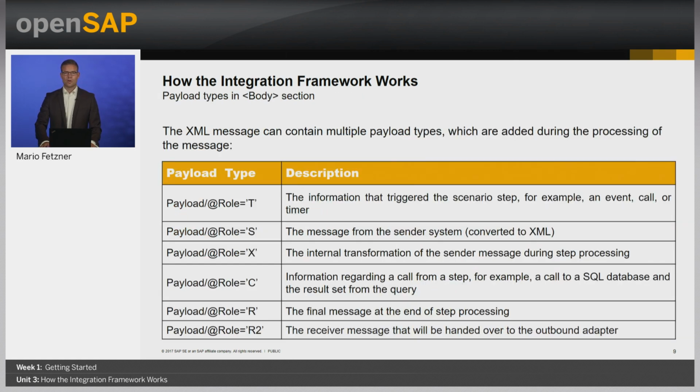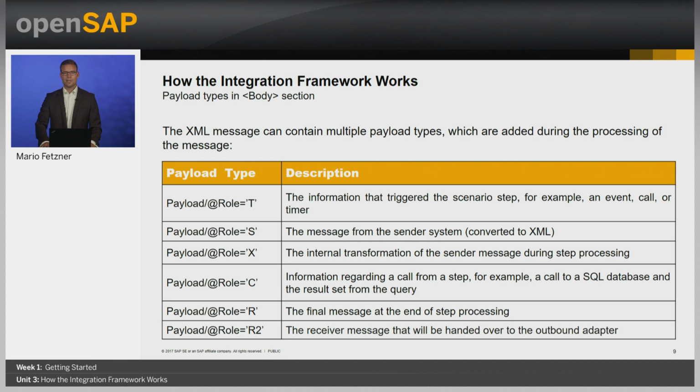The payload types of the XML message depend to some extent on the step design, but can include type T, which contains a description of the trigger for the step, and type S, which contains the incoming data from the sender converted to XML. Type X shows any internal transformation of the sender message.